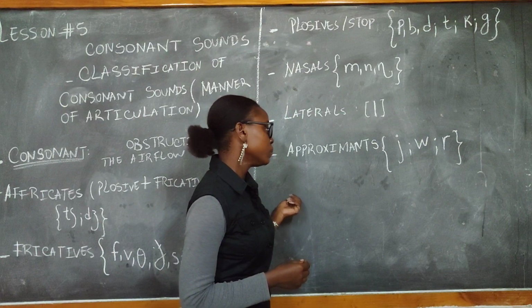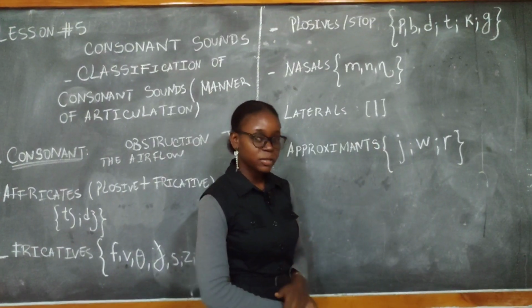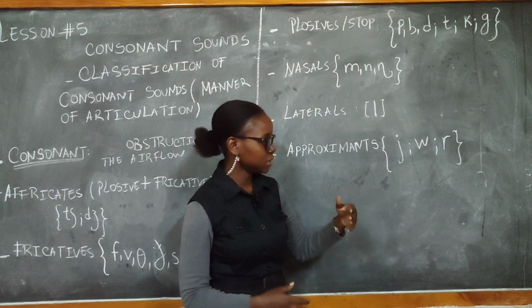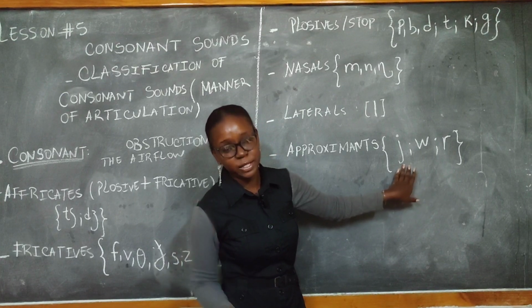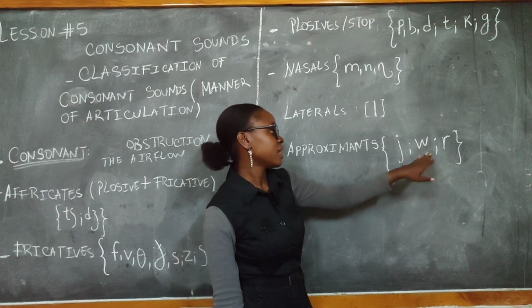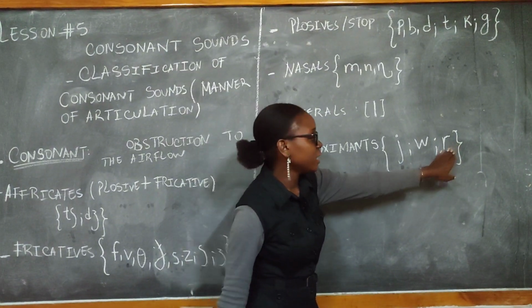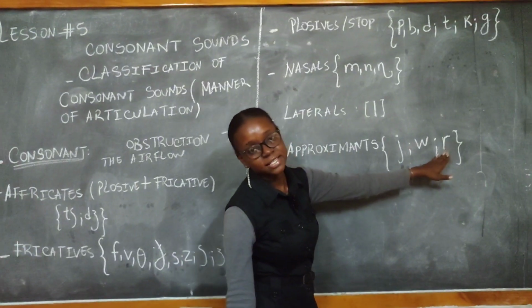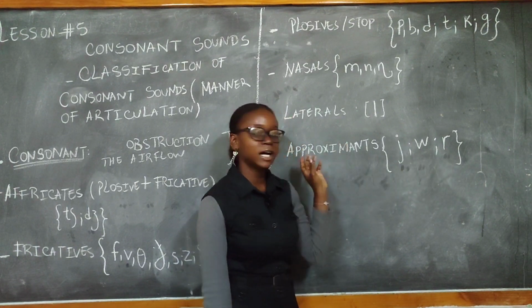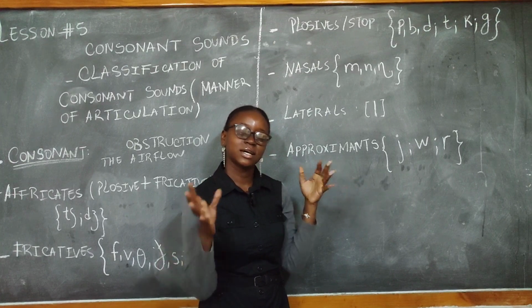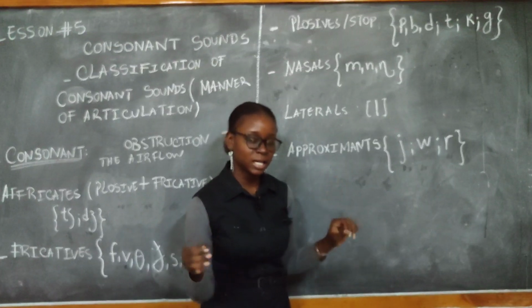So that's what we call approximant. The consonants that we call approximants in English are ya, as in yellow or yes, wa, of war or world, and ra, as in rapid or roar. So these are the approximant consonants. Bring articulators close to each other without any friction.